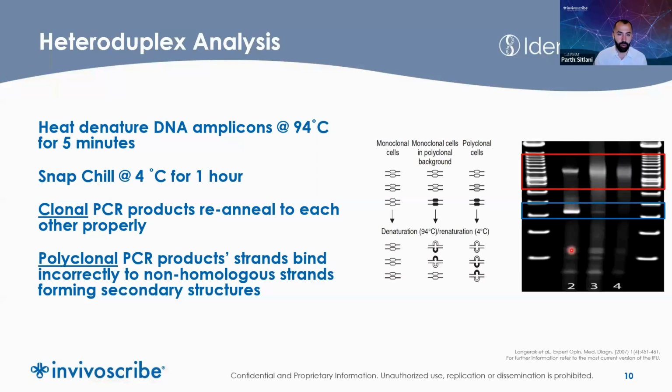And of course, here sample in well 2 is the positive control, sample in well 3 is a 10% positive control, and the sample in well 4 is the negative control. And we can very clearly distinguish between these three different result types.